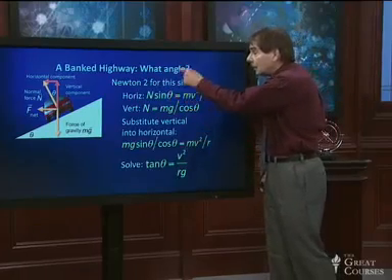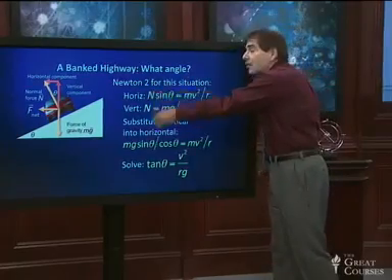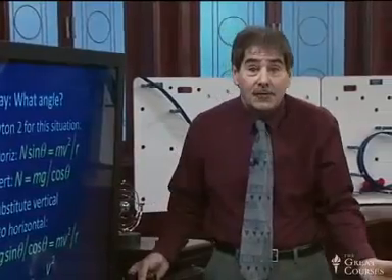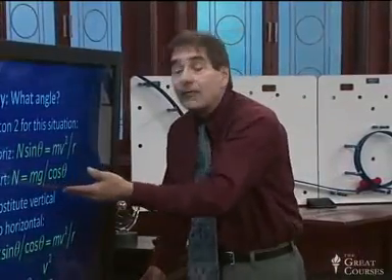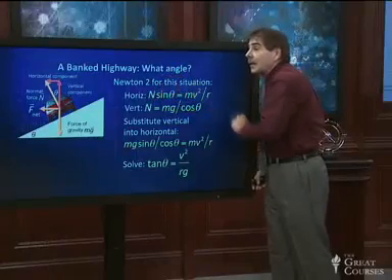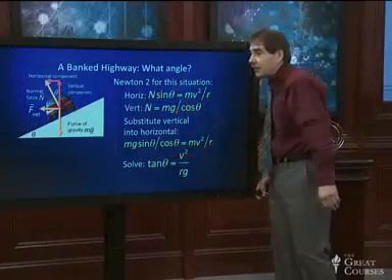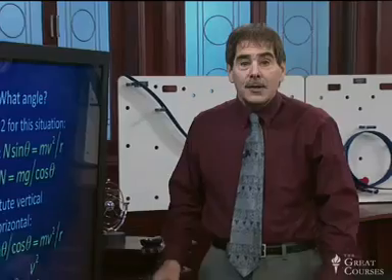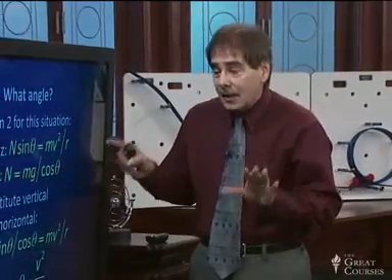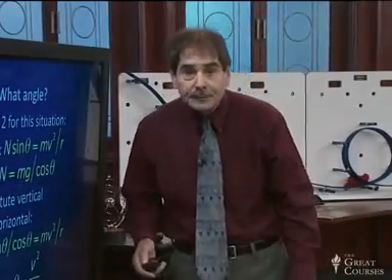In this case, we not only didn't know the angle which we were trying to solve for, but we also didn't know the normal force. We weren't asked to solve for that, but in the process, we had to find it, because we had to substitute in the other equation to get rid of it. So we were able to get down to the answer for what we wanted to know. So that is a sophisticated two-dimensional Newton's second law calculation.